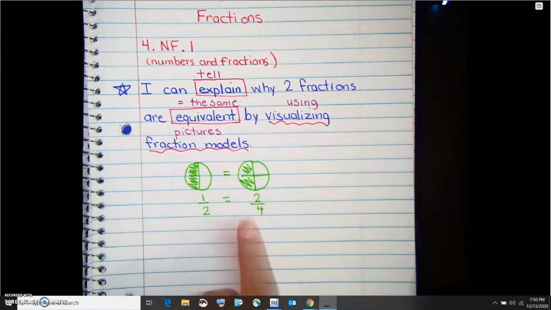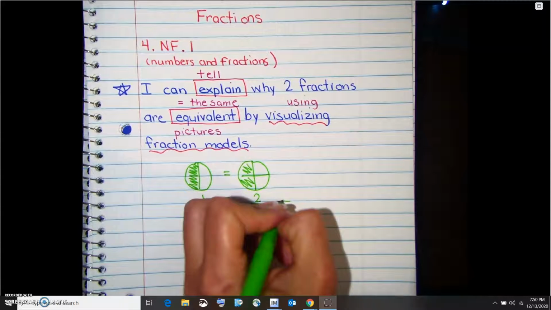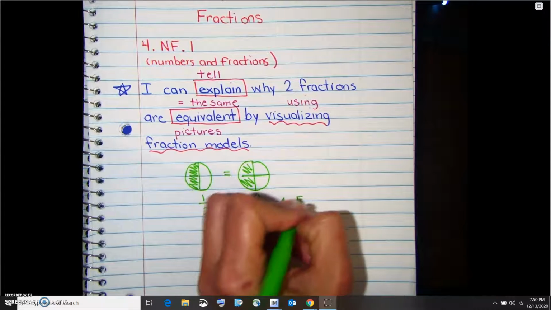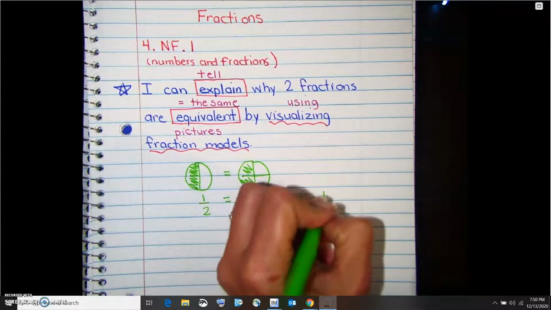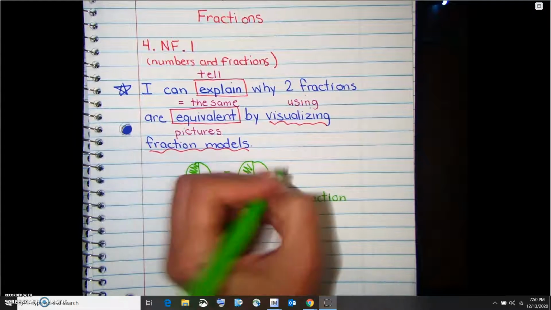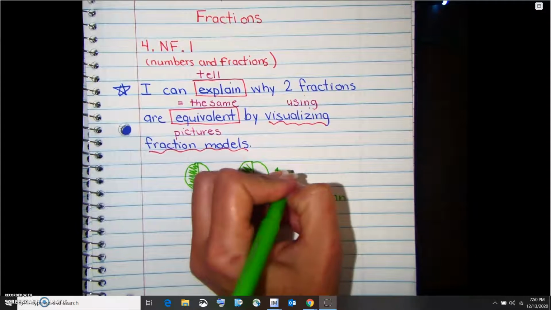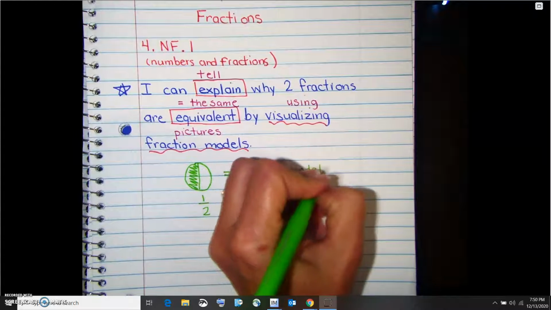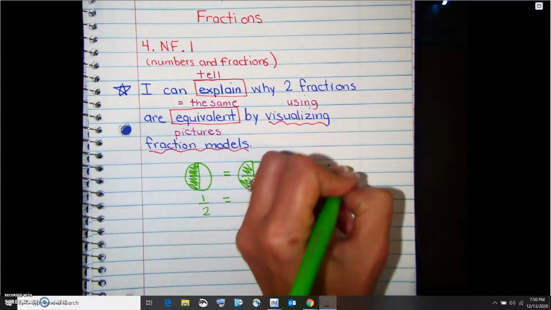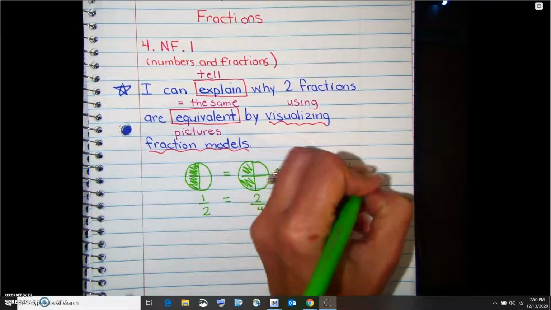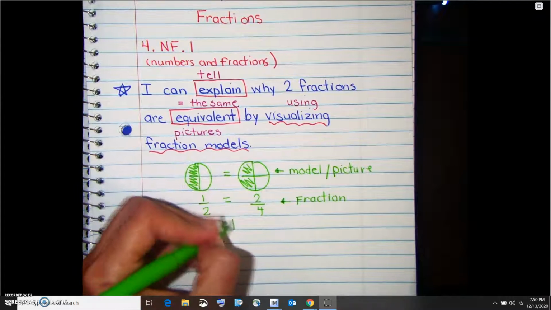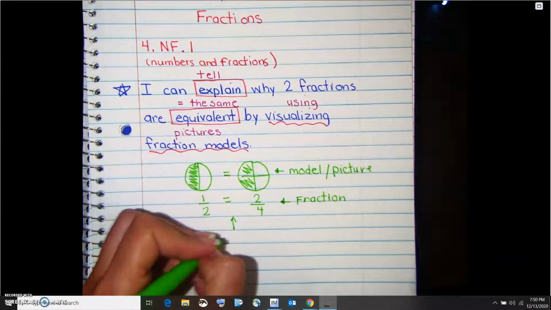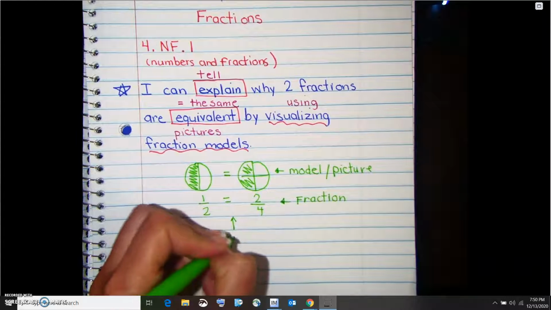So here's the fraction. And this is the model or picture. I want you to be able to recognize both. And remember, this is equivalent, means the same.